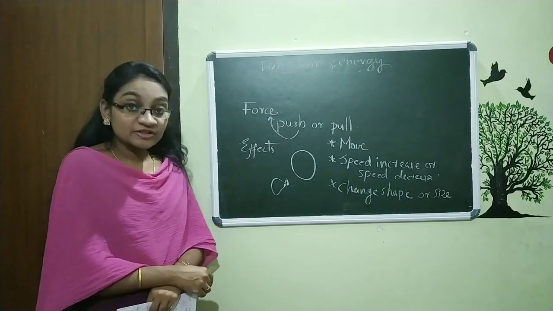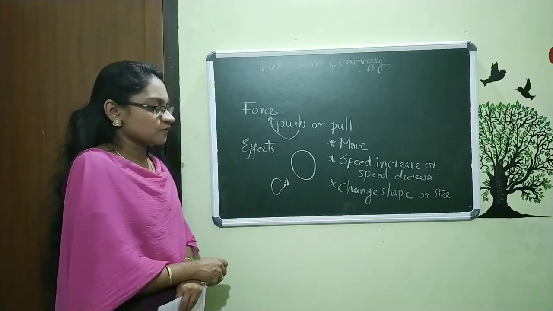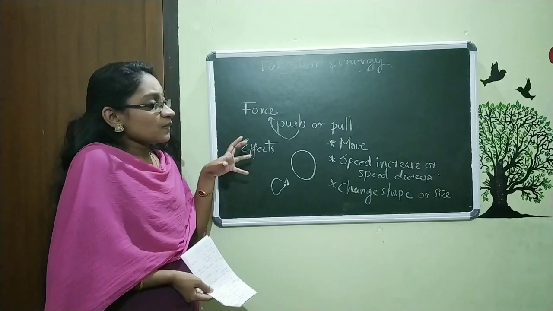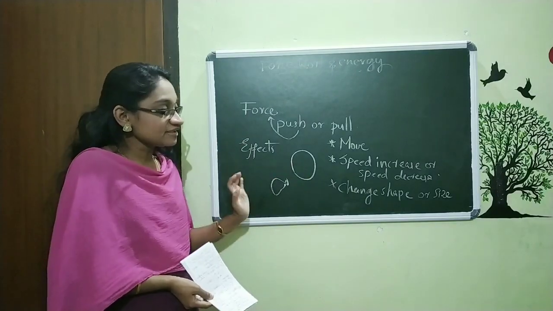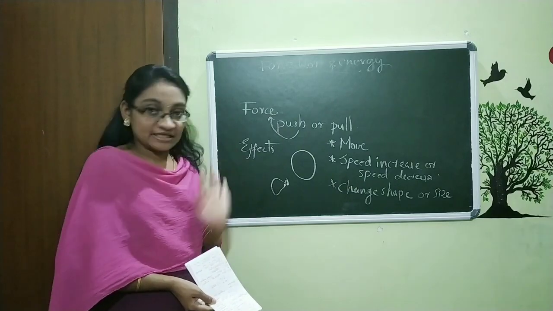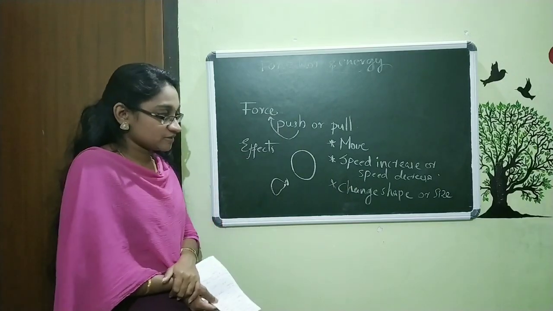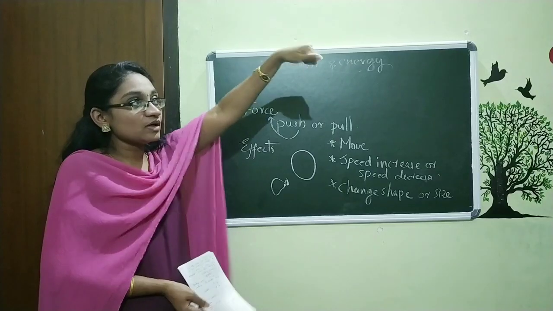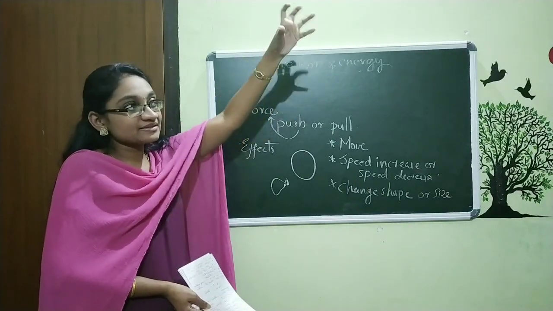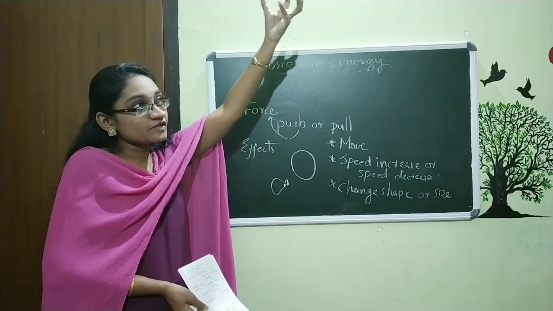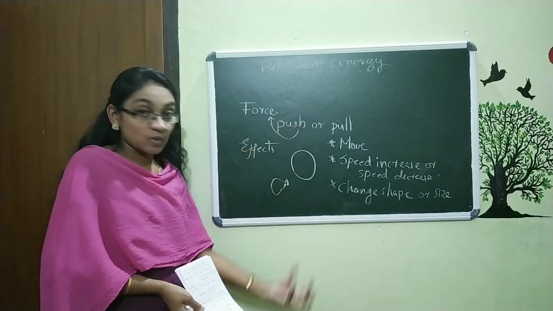Now we are going to study different types of force. One example, this is one ball. I can give force by my hand. That is one type of force. When I drop this ball from a height, you can see that the ball moves from top to bottom.